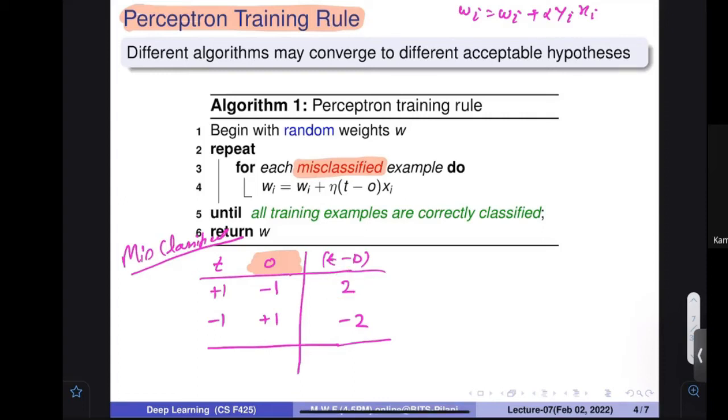Okay. So in this case, can I write the equation like this? wi is equal to wi plus eta times 2 multiplied by xi. And here I can write wi is equal to wi minus eta times 2xi.